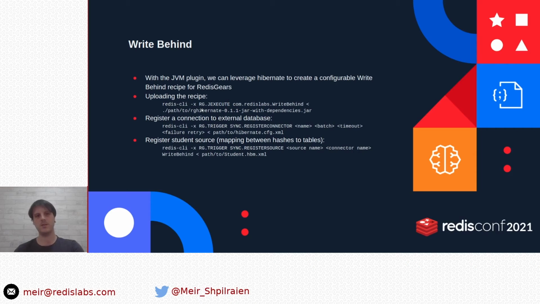After it was sent, this jar file exposes triggers that allow you to control and configure the connections to the other database, and the mappings between the hashes and the tables in the other database. So here is an example of registering a connector using the sync register connector.